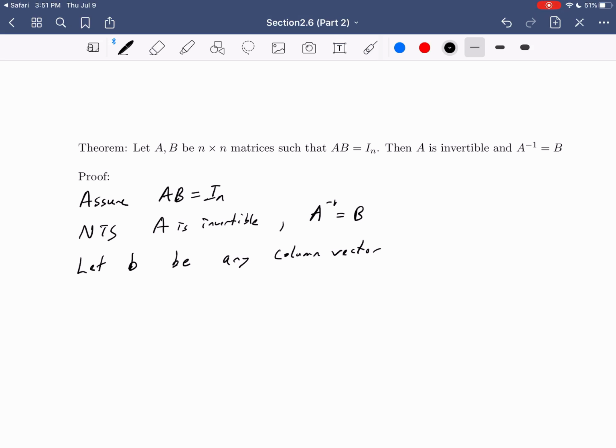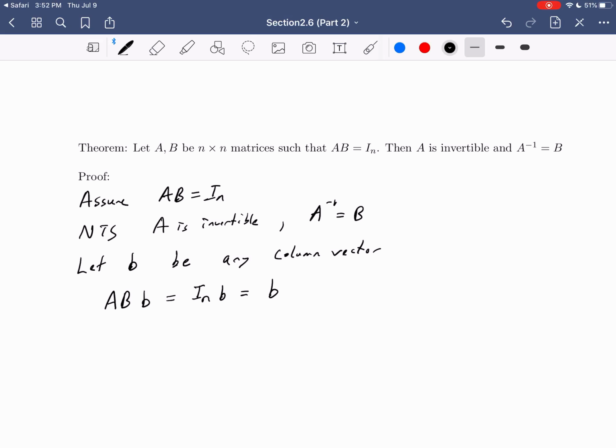Then if we do A times capital B times that little b, that's equivalent to the identity times that little b, which has to be equal to b.